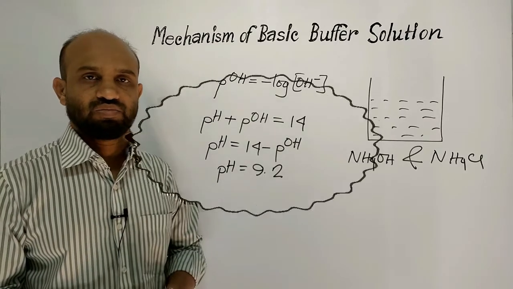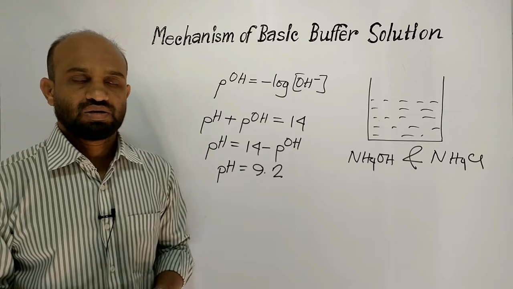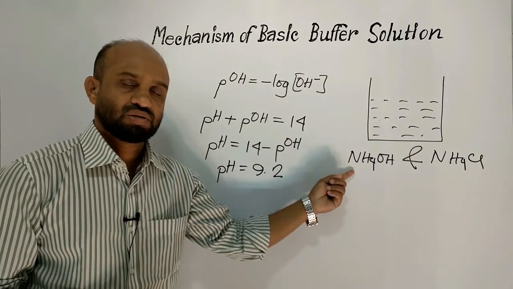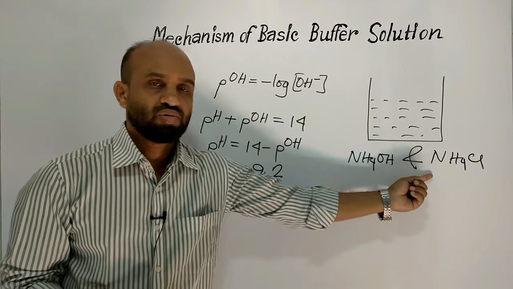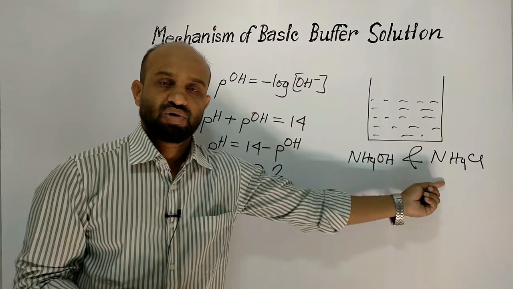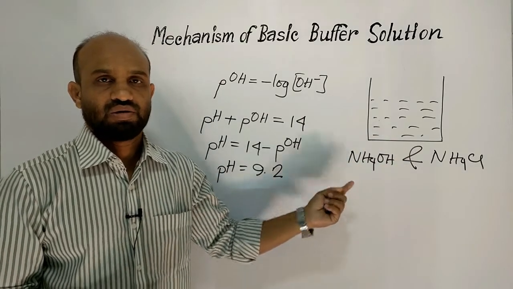Let's see the mechanism. In the basic buffer solution, there are two components. One is ammonium hydroxide, another one is ammonium chloride, acidic salt of this weak base.